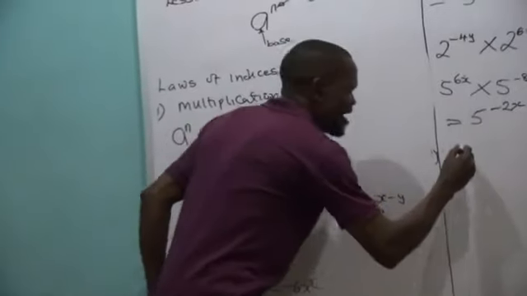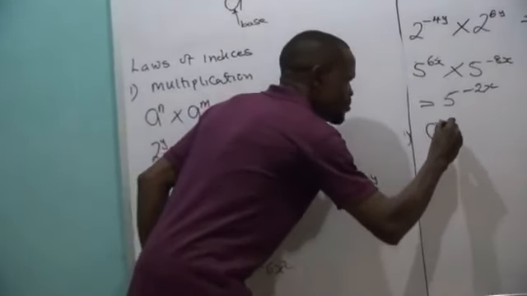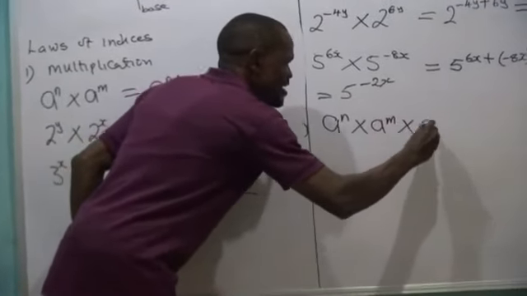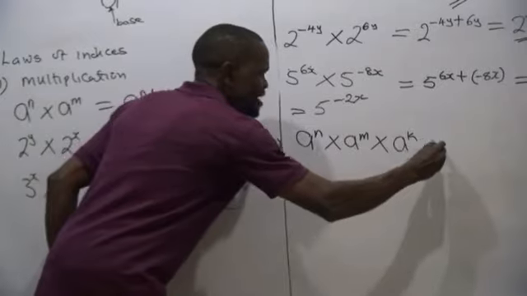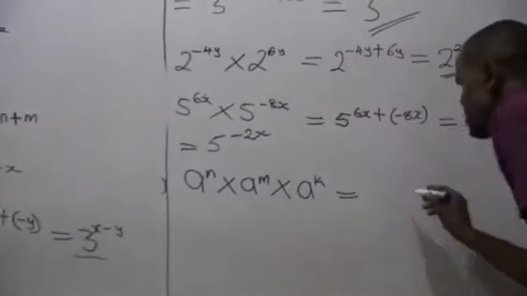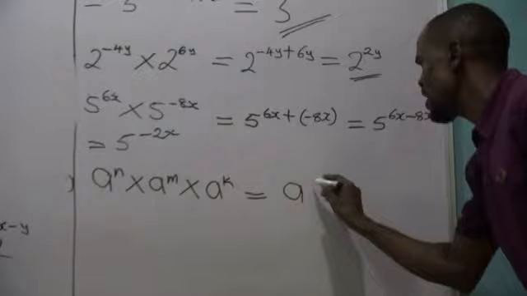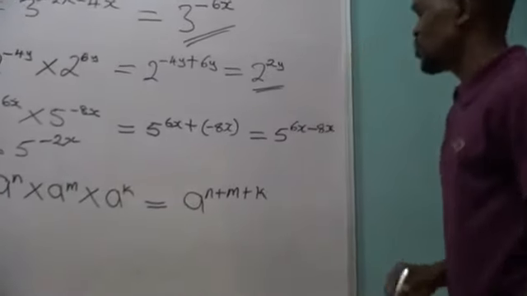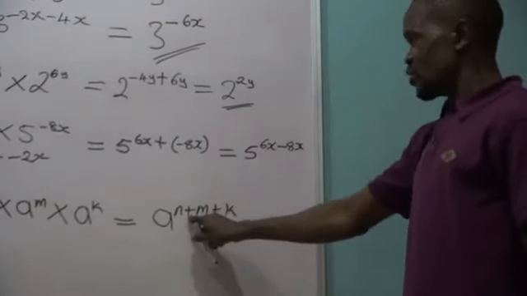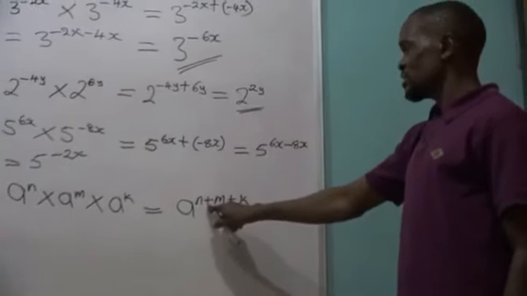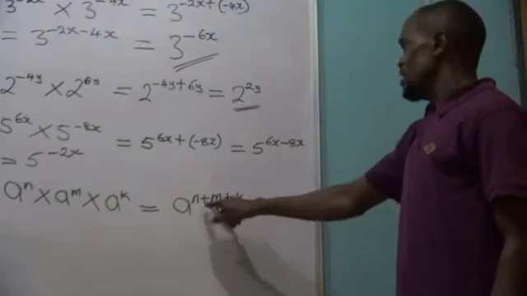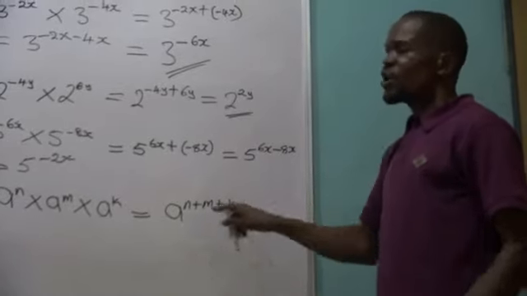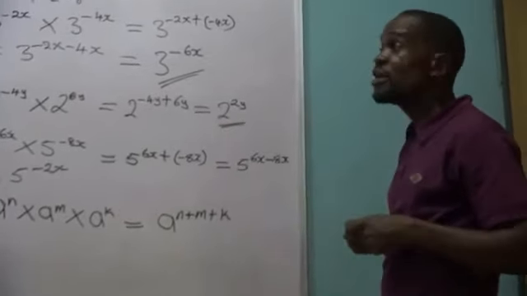For instance, if I have a raised to the power n times a raised to the power m times a raised to the power k, it simply means a raised to the power n plus m plus k. That's what it means. And the base is constant. This exponent can change, but the base is constant, as I said in the first one.